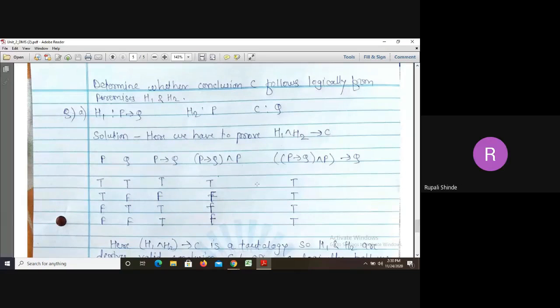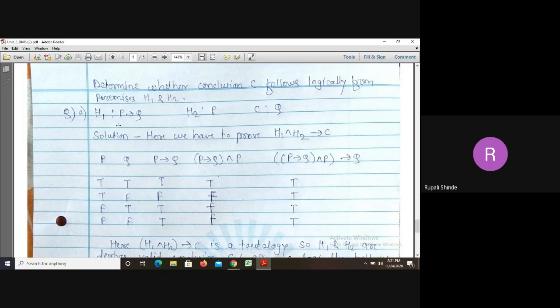Yes, ma'am. Okay. So here in this question, they have given: determine whether conclusion C follows logically from premises H1 and H2. So we have to check whether conclusion C is a valid conclusion for given premises H1 and H2.